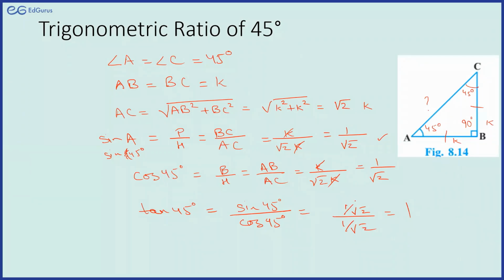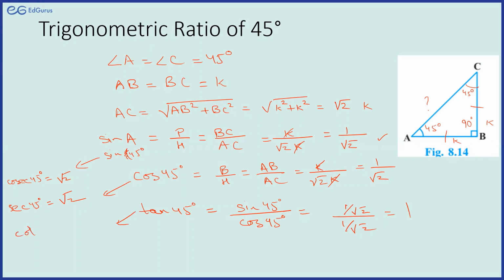Okay. And similarly, we can find all the other values also. Sine of 45 degree is 1 by root 2, so cosec of 45 degree is its reciprocal, which is root 2. And sec of 45 degree is the reciprocal of cos, so that will be root 2.